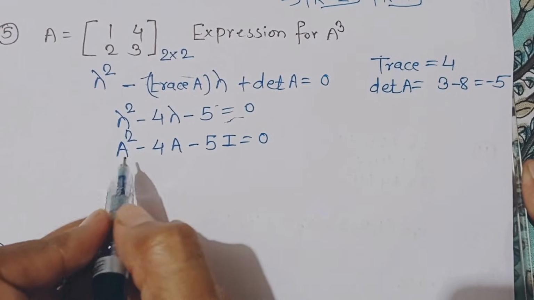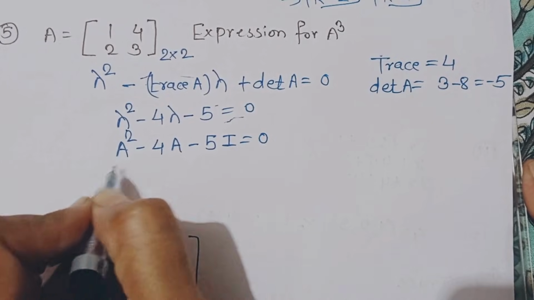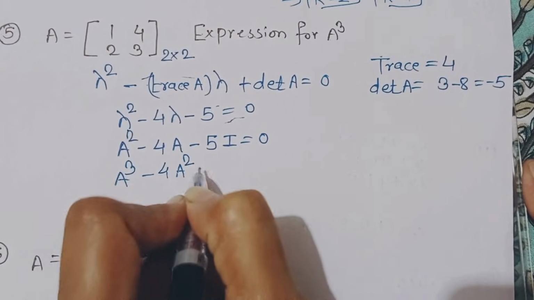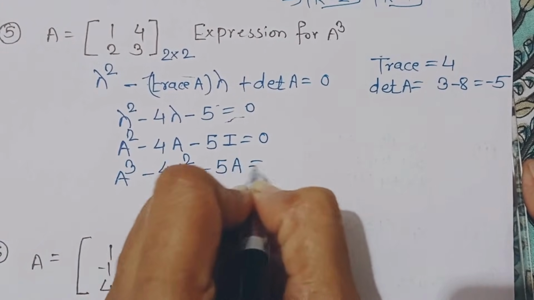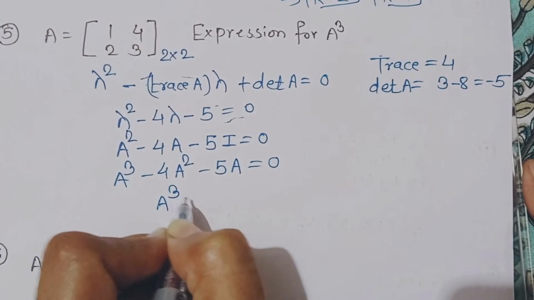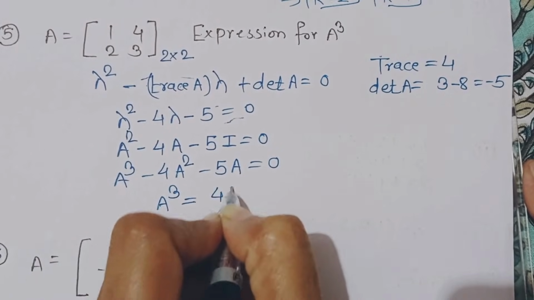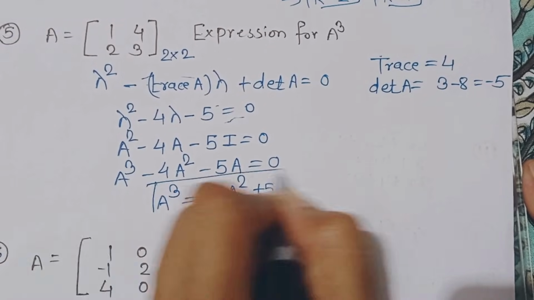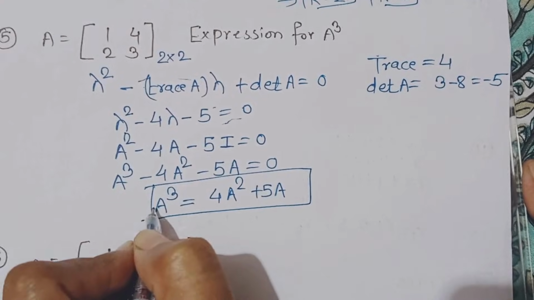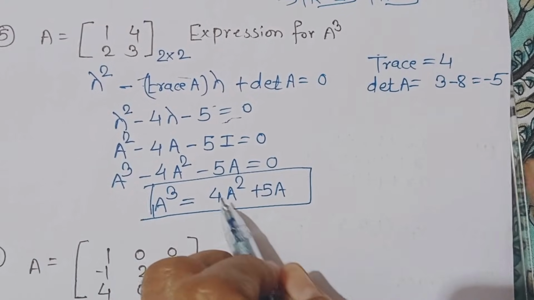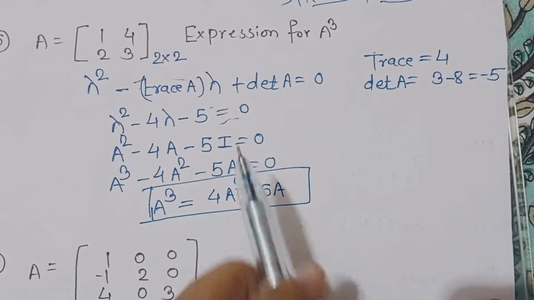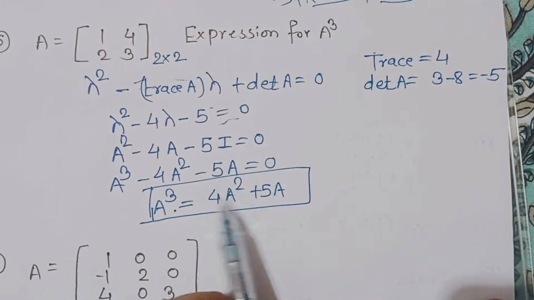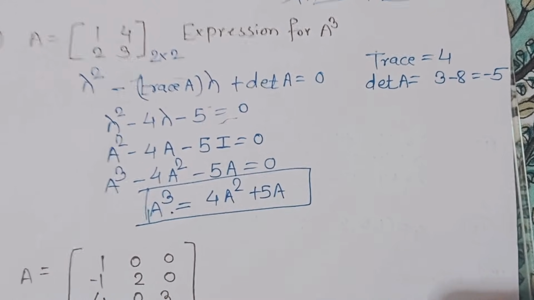We multiply this equation by A, we get A cube minus 4A square minus 5A is equal to 0, and A cube is equal to 4A square plus 5A. So this is the required expression for A cube. We are not going to find the value of A cube here. This is the only expression for A cube.